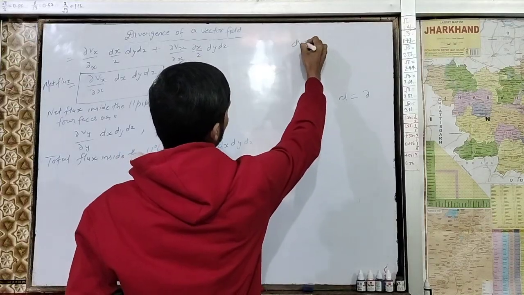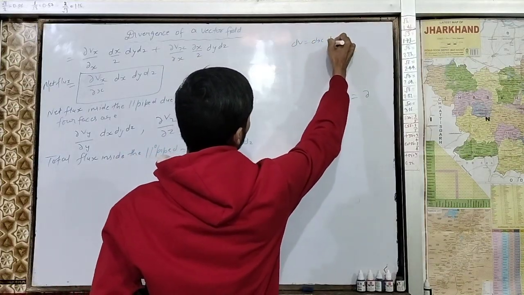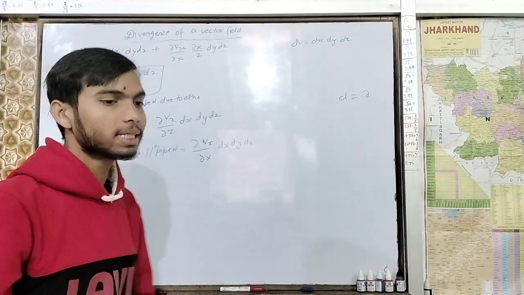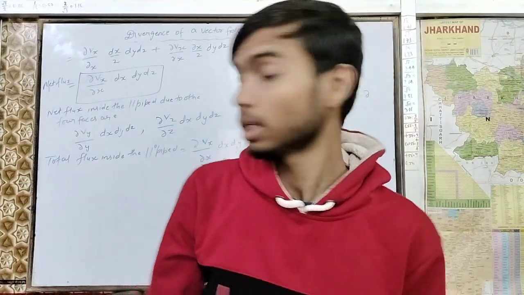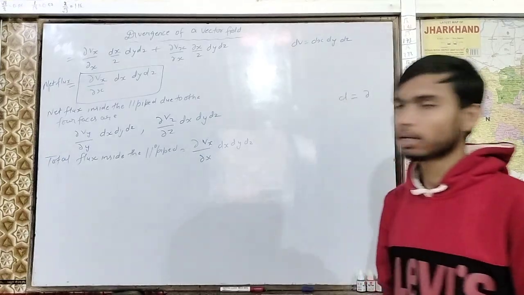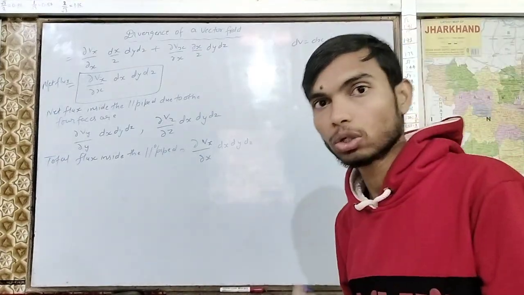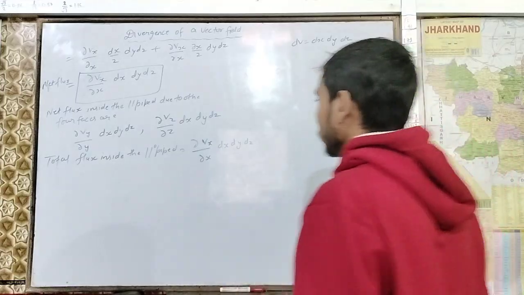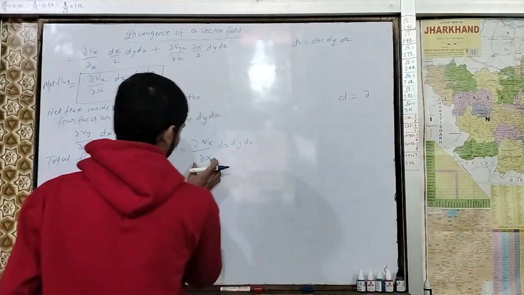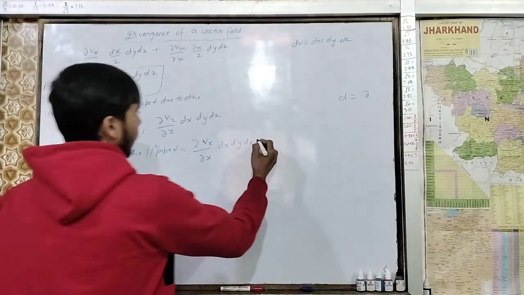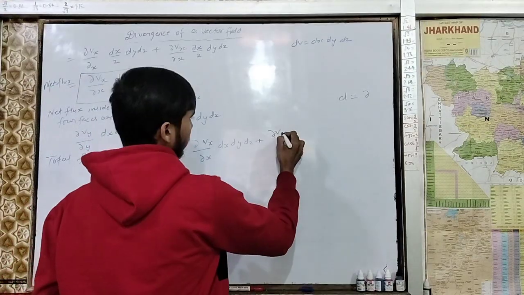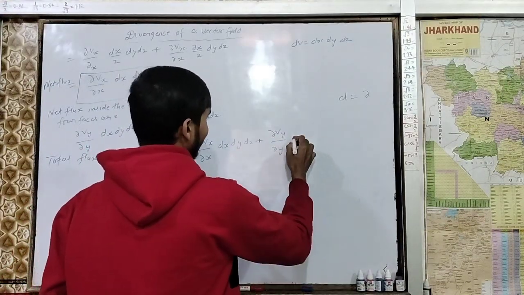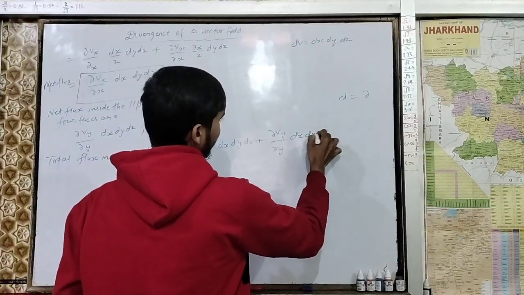You can write dV is equal to dx dy dz. Clear? And ∂vx/∂x is the change in velocity of the fluid along x with respect to x. This is the meaning of this term. Plus ∂vy/∂y, the change with respect to y, then dx dy dz.